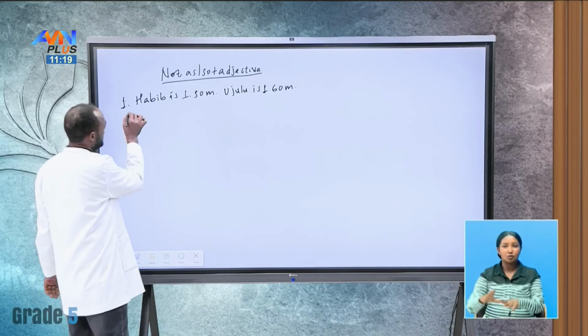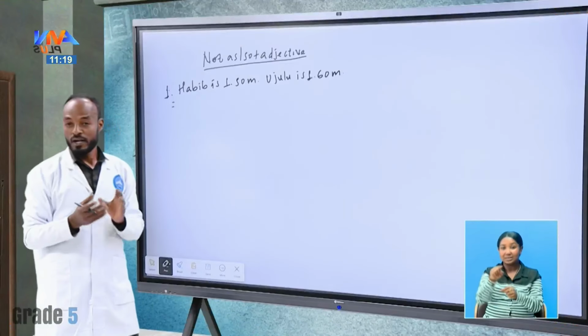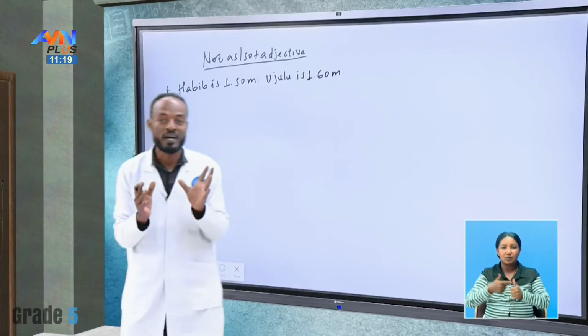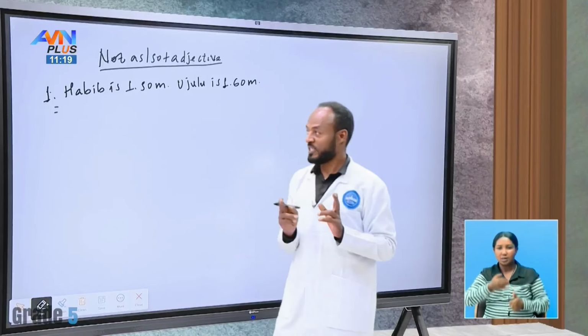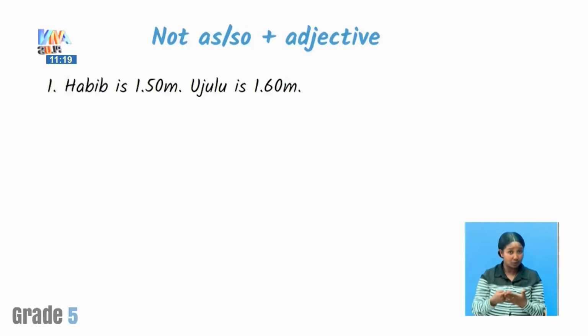Now you are going to make the sentences using this structure. In this sentence, which one is the adjective? First of all, you have to identify which one is the adjective. Yes, we're talking about what? About height.